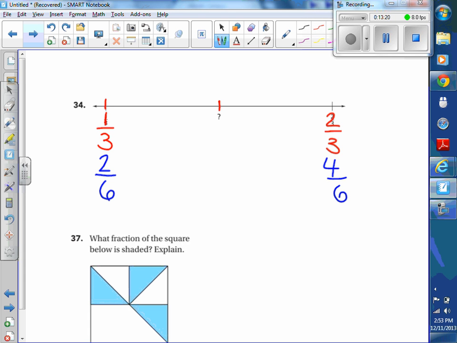Well, I think I agree with you. Halfway between 2/6 and 4/6 is 3/6, right? So what is that reduced to? It doesn't reduce to 1/3. What's it reduced to? If you divide by 3, it would be 1/2.